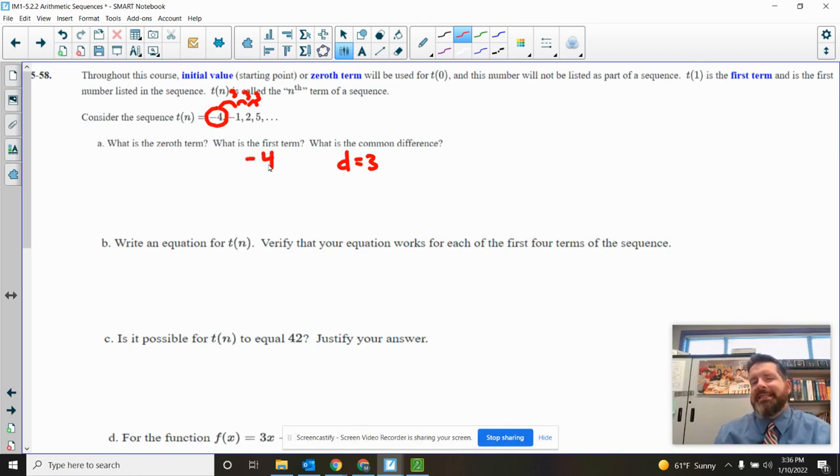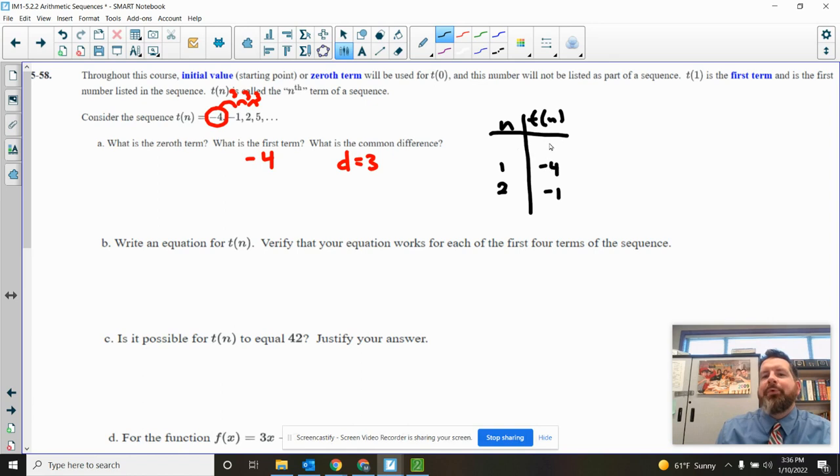Now what is the zeroth term? I want to remind you of some things that we did all the way back in August or September when we had a list of ordered pairs. So if the first term is -4 and the second term is -1, we ended up imagining, what if we went backward one more spot? What would the zeroth term be?